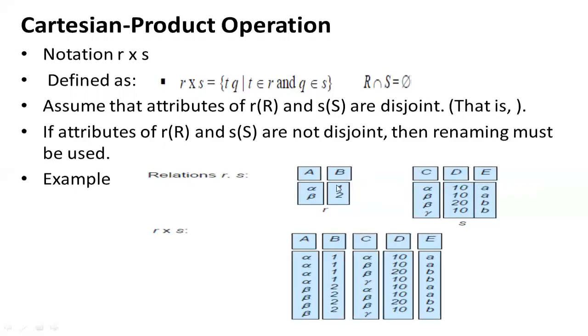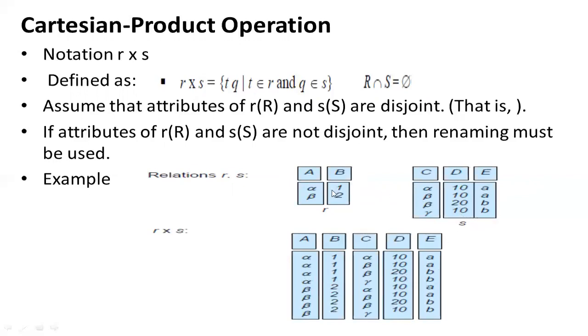Here A, B, and here you have C, D, E. When you perform the Cartesian product, you first take the first record of your first relation R and multiply it with all the records available in the next relation. You can see here alpha 1, alpha 10a; alpha 1, beta 10a; alpha 1, beta 20b; and alpha 1, gamma 10b.